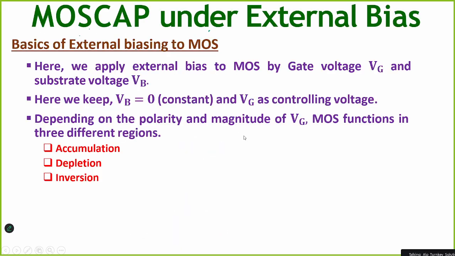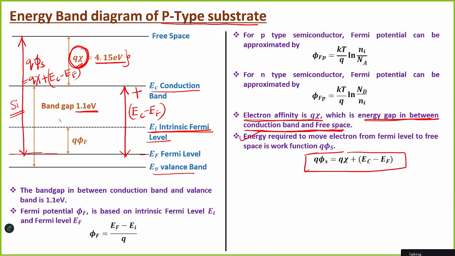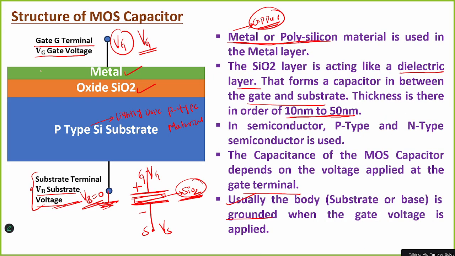Okay. Next you see the MOS under external bias. So basically, I told you, the MOS capacitor consists of a gate terminal and a body. The body we are connecting to the ground only.